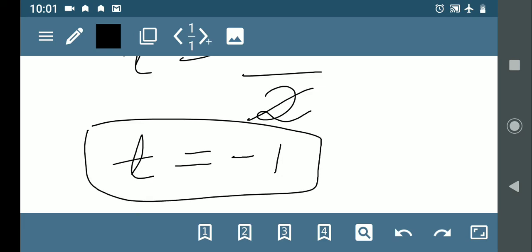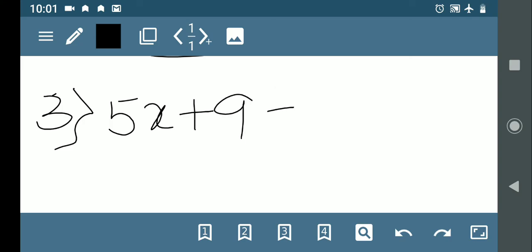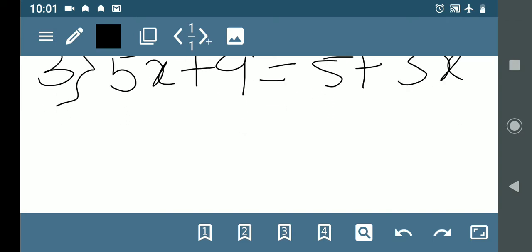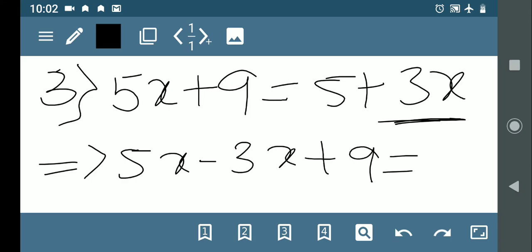Okay. Next, the third problem. 5x plus 9 is equal to 5 plus 3x. So that implies 5x, you bring plus 3x to LHS, it becomes minus 3x, and we have plus 9 is equal to 5.